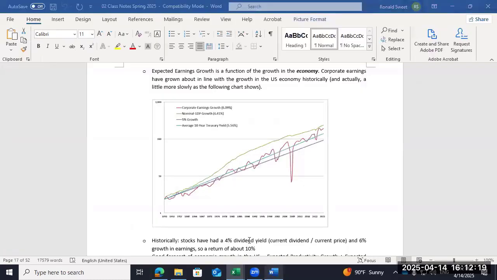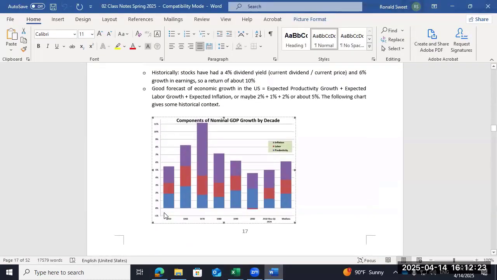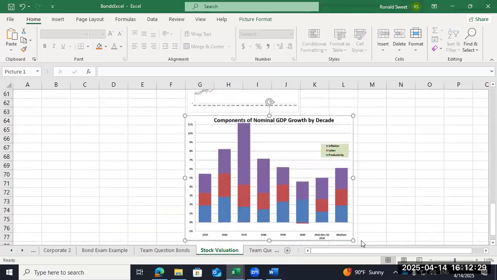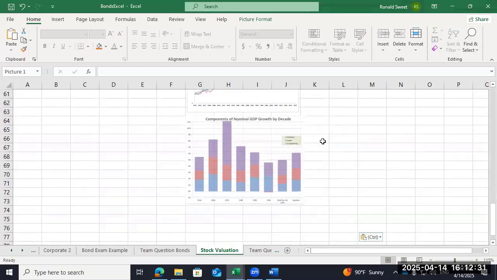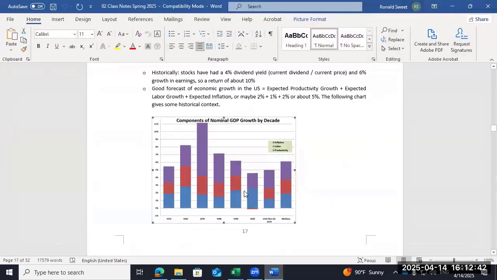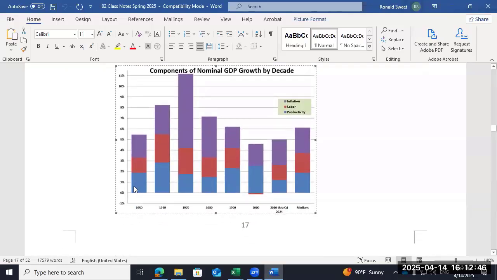So they're comparable numbers. So you can use that first as just evidence. And then the second chart, the components of economic growth. There you've got productivity, labor, and inflation.